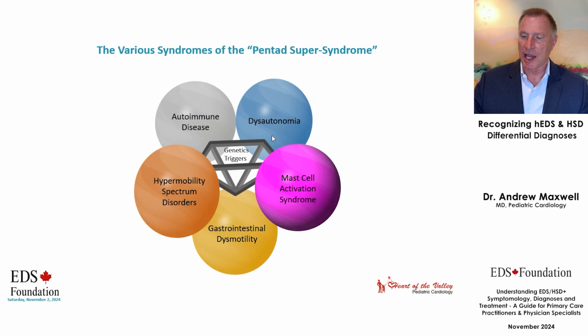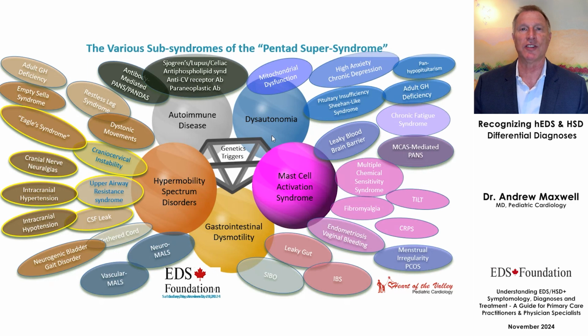So all of these 5 entities put into a scaffolding allow one to add in the many subsyndromes that are seen in these patients. And I think this is useful because it allows a clinician to say, okay, I found that my patient has something like CRPS, chronic regional pain syndrome.